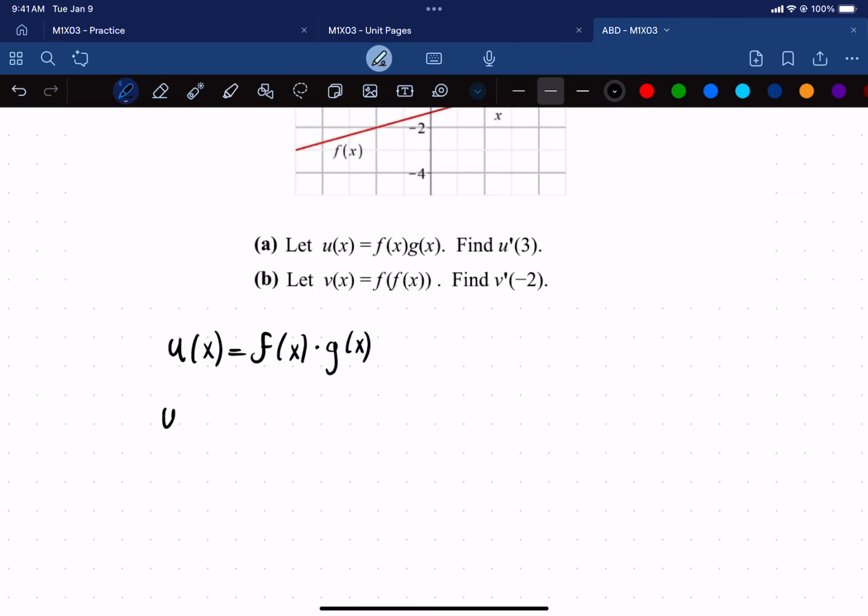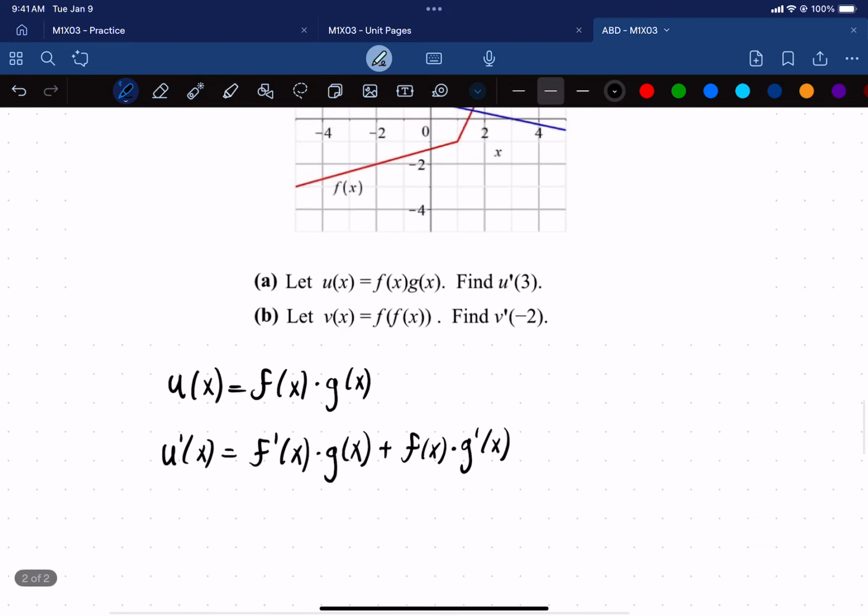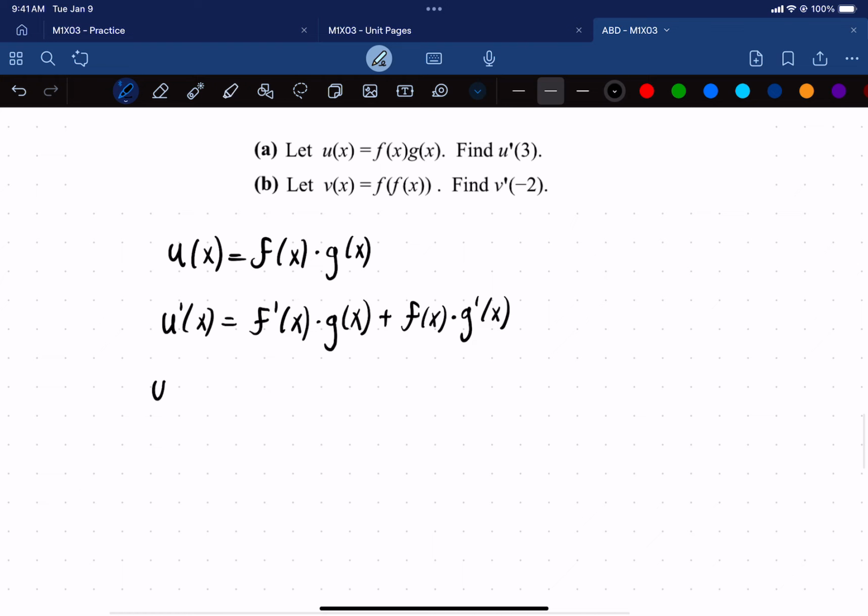So let's see. u prime of x, according to the product rule, would be f prime of x times g of x plus f of x times g prime of x. Okay? So we're looking for u prime of 3.